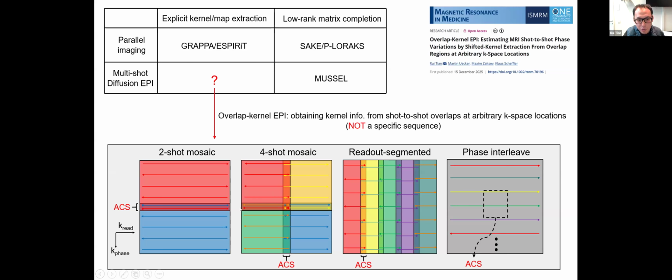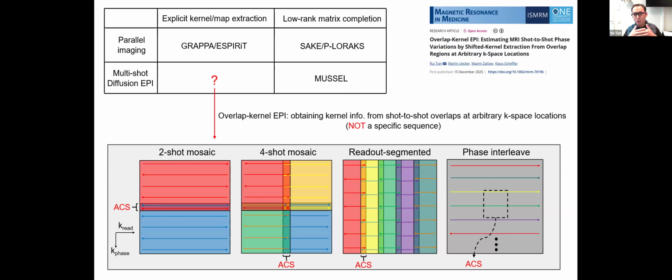So in these cases, we define these shot-to-shot overlaps as the so-called ACS. And we mimic that these k-space regions from different shots are just like the k-space regions from different RF receivers. If the shot-to-shot has no phase fluctuation or amplitude fluctuation, those regions from different shots should be exactly the same value. But at the end, they are not.